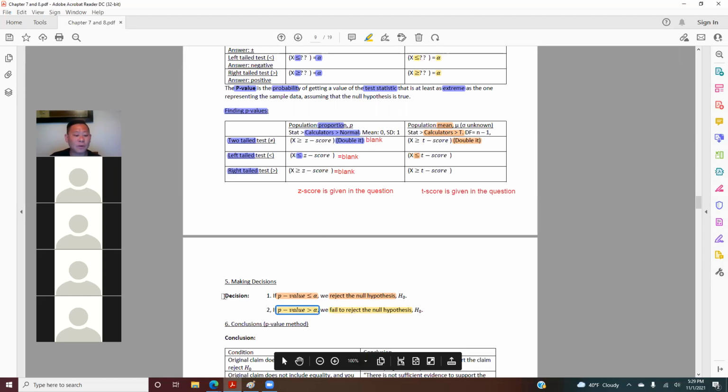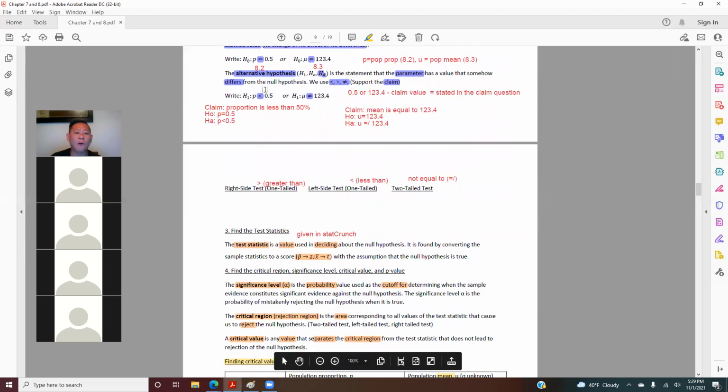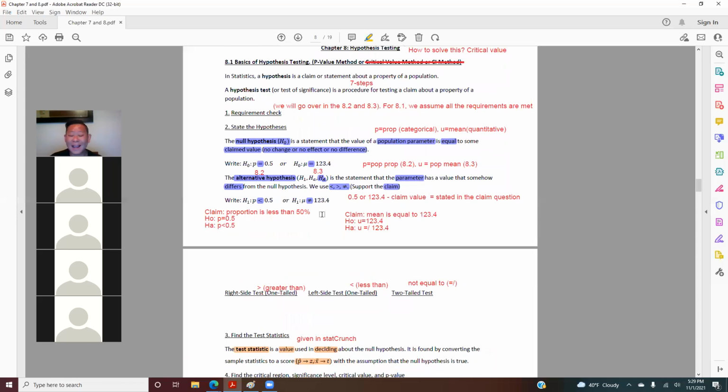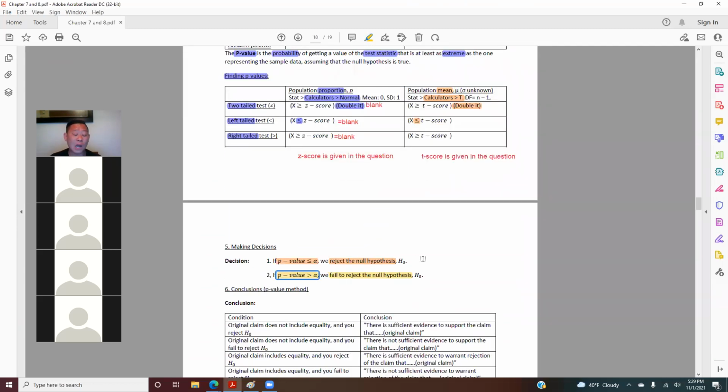So this is what we call your decision. This is number 5. And the less than or equal to or greater than has nothing to do with your alternative hypothesis. A lot of students think that the hypothesis statement's less than or greater than has something to do with this symbol. No, this is based on alpha.